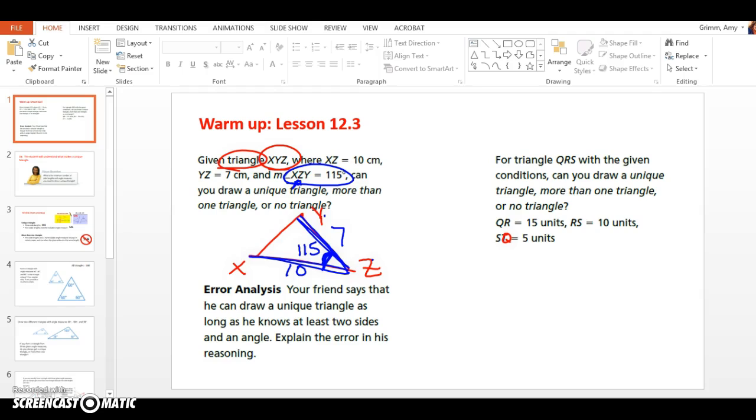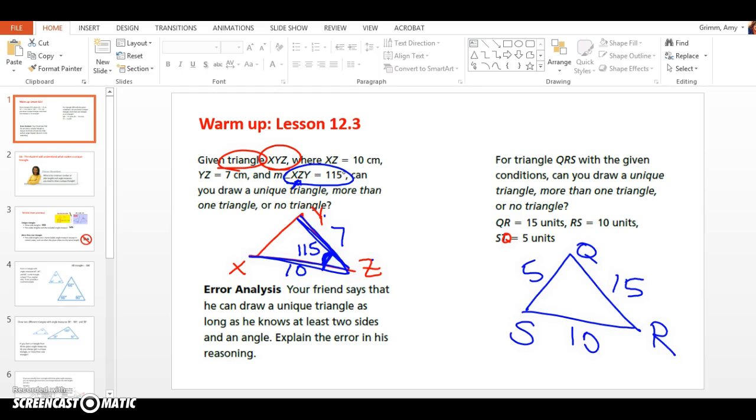Okay, second one. This triangle would be QRS. If I say to make Q to R 15, R to S 10, and S to Q 5, is this a unique triangle? Yes. Why is it unique based on what we talked about yesterday?